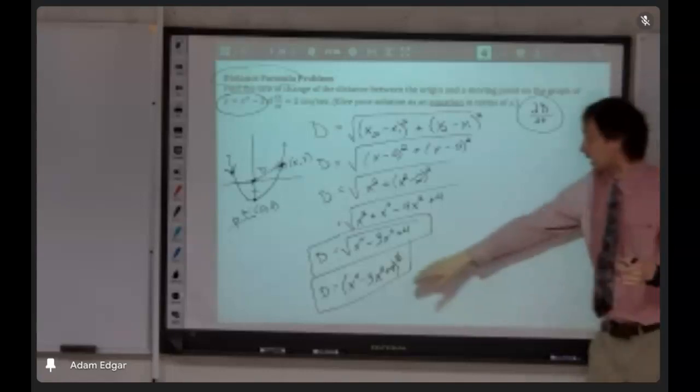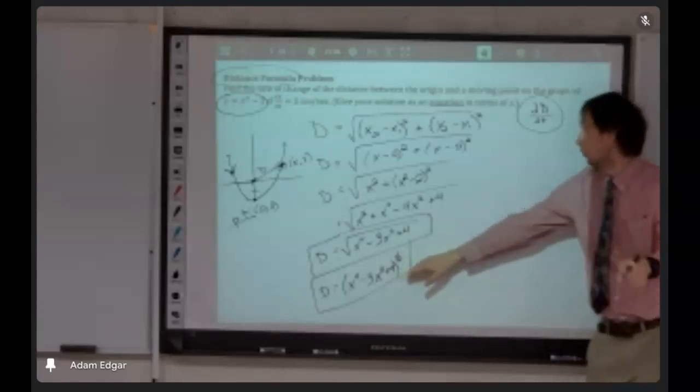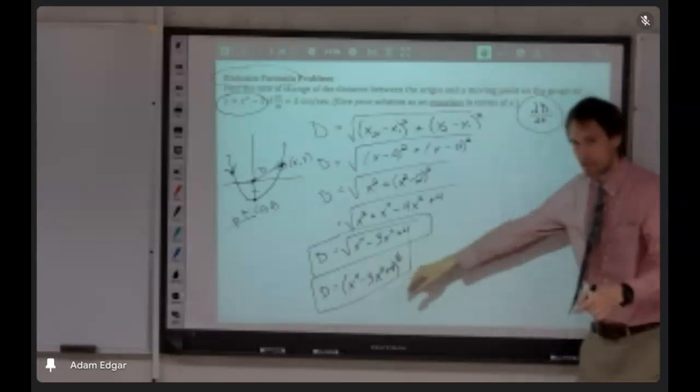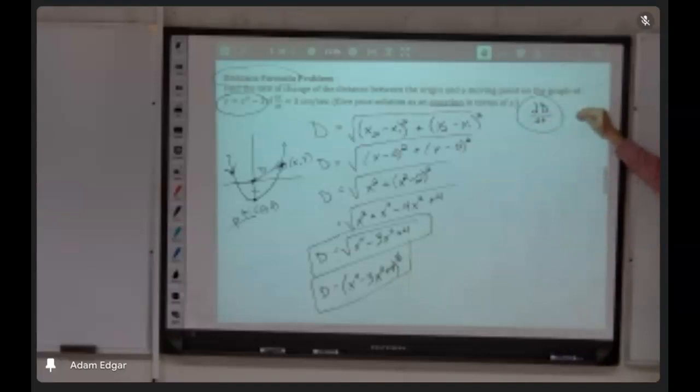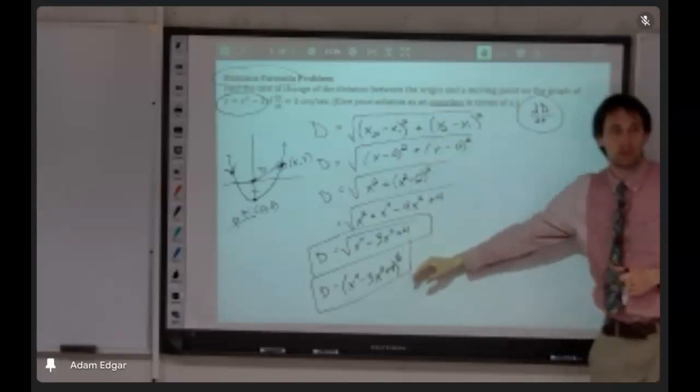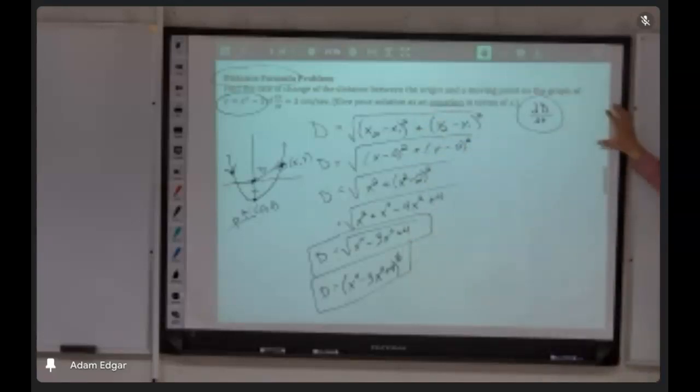Yeah, because that is the distance, and we want the rate of change of the distance. So that's D, we want dD/dt. So if you do this, you've done wonderful setup work, you haven't done any calculus yet. Any other questions? So now we're finally ready to do our calculus stuff.